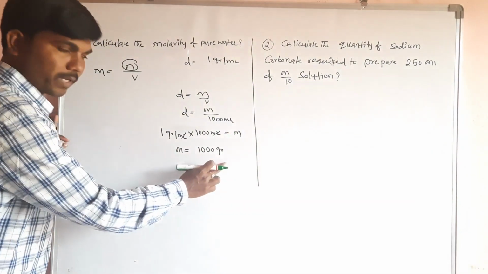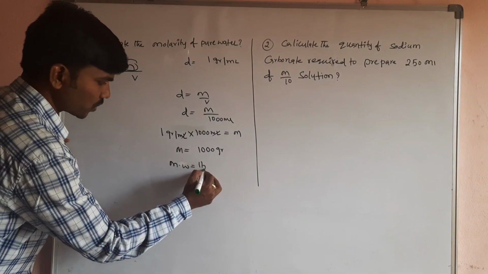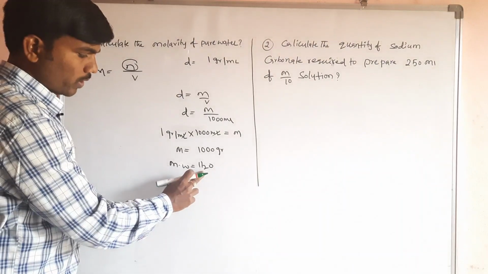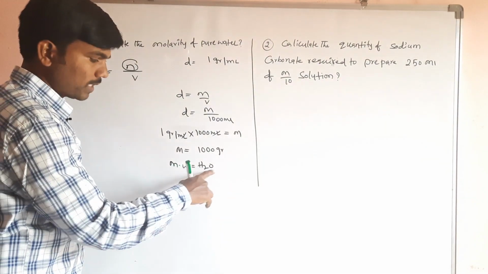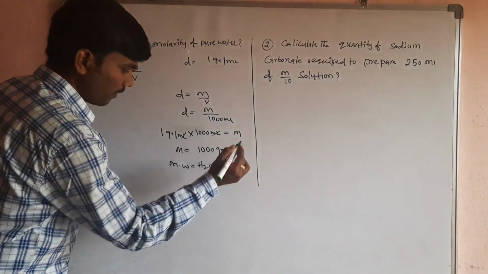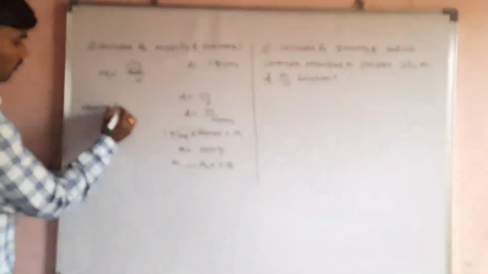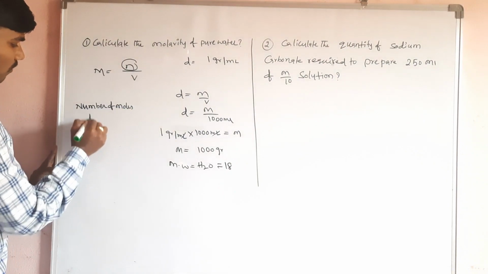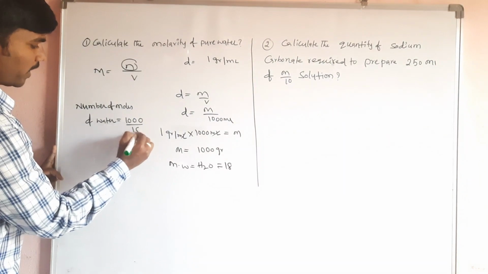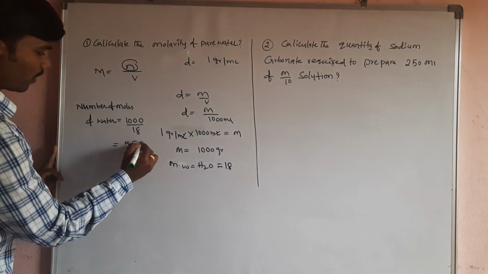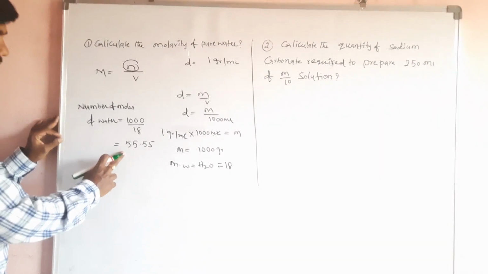Now we have the weight of water. The molecular weight of water, H2O: hydrogen's atomic weight is 1, but there are 2 hydrogens, so 2 plus 16 gives 18. Then the number of moles of water is 1000 by 18, which is 55.55.